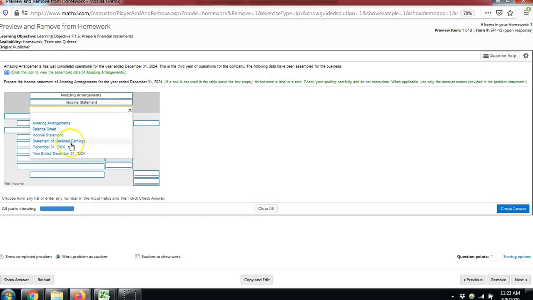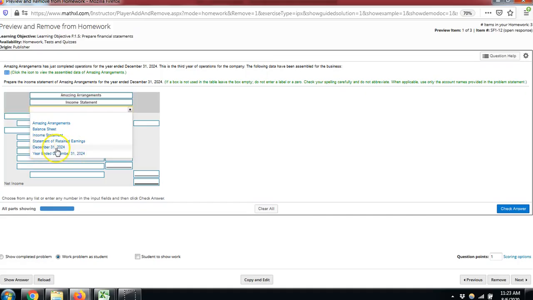We have a couple of options here. We have a particular date, December 31st, or we have year ended December 31st, 2024. If you'll remember, the income statement is tracking the inflows and outflows of the business across a particular period of time.